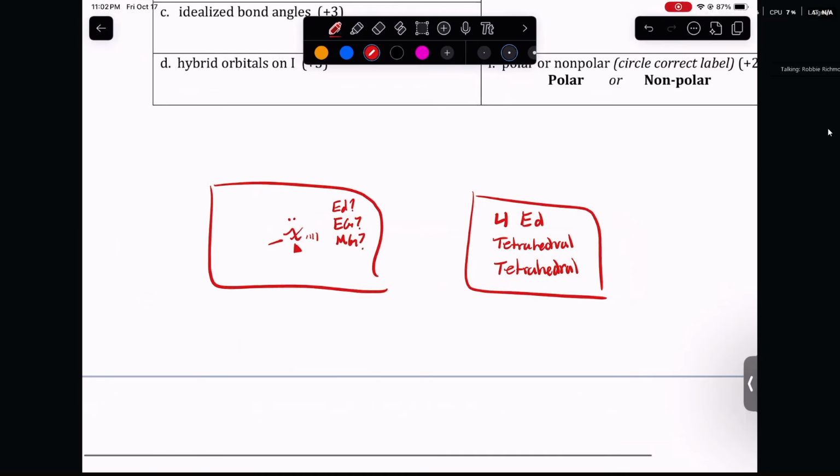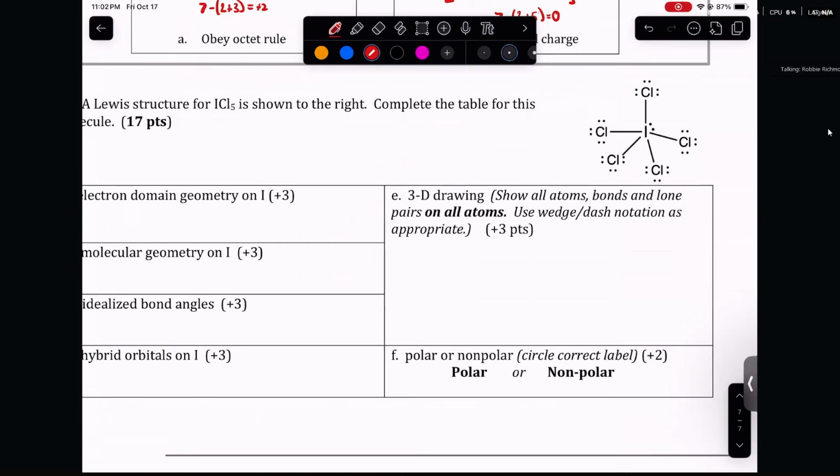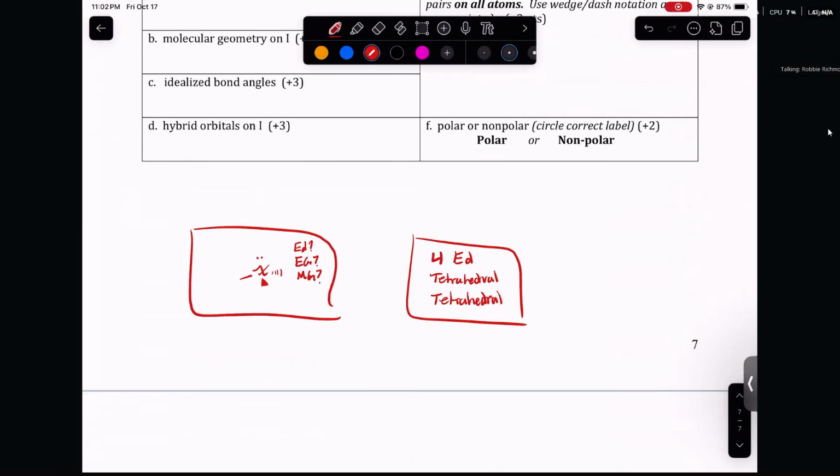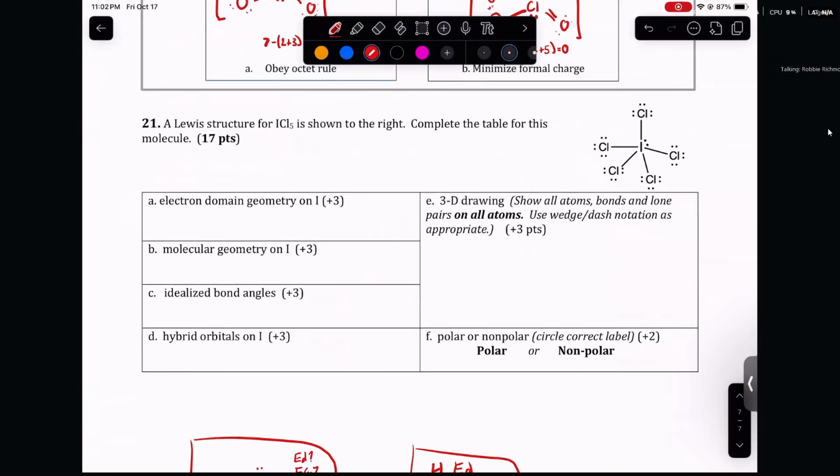Why is this important? Because this question is basically that flashcard information thrown into a question. So I see 1, 2, 3, 4, 5, 6 electron domains. So this is 6 electron domains, aka octahedral.